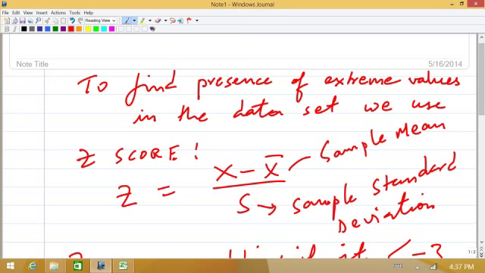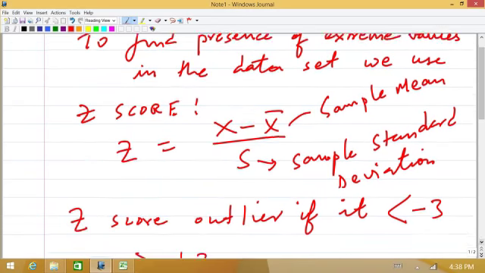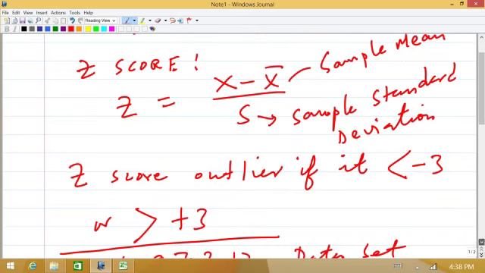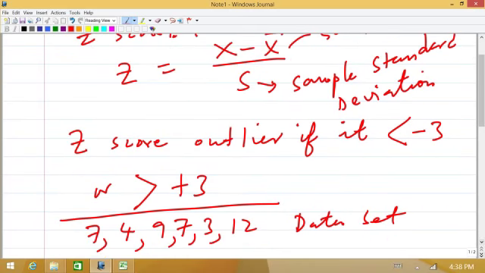Capital X bar stands for sample mean and capital S stands for sample standard deviation. The thing to remember about z-score is it takes care of the outlier. If the z-score is less than -3 or greater than +3, then we have presence of outlier in the dataset.